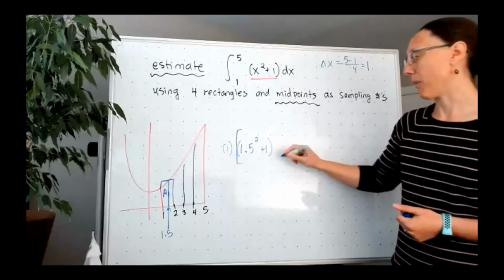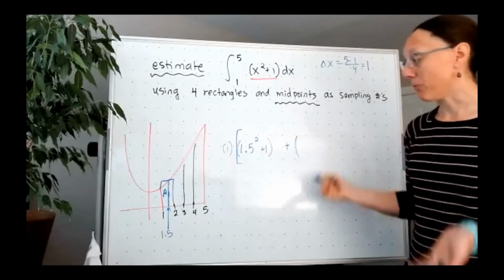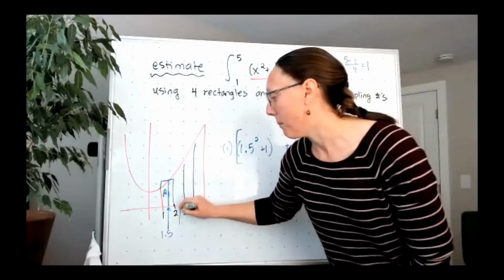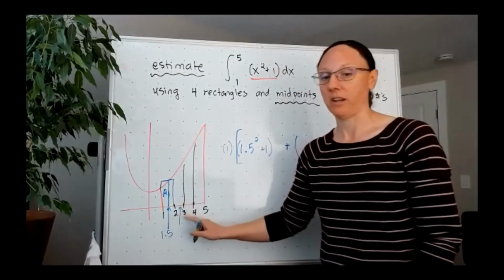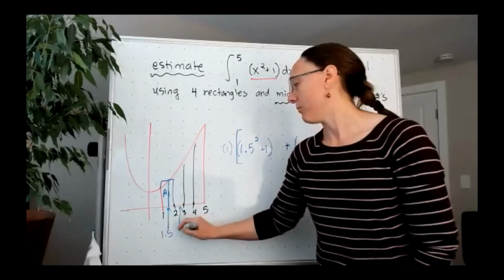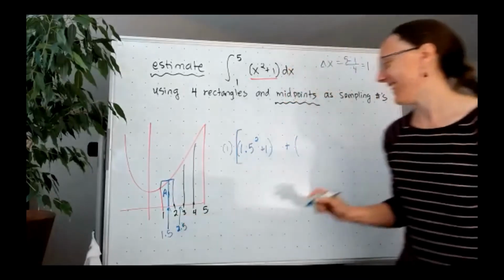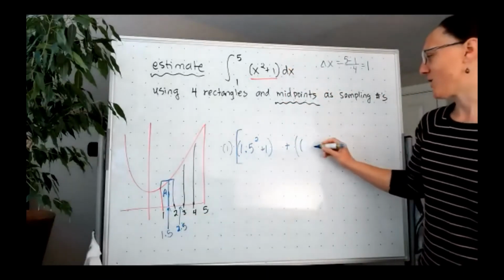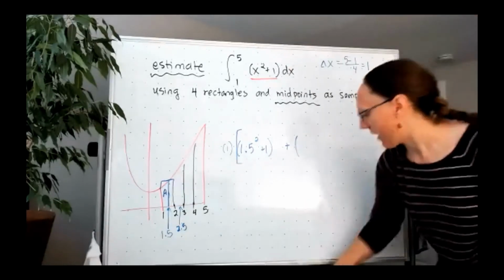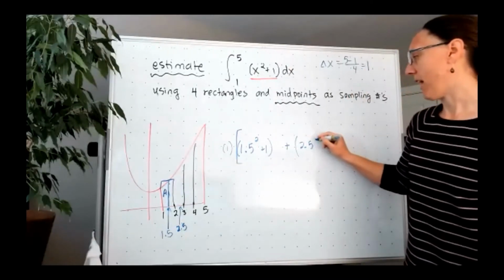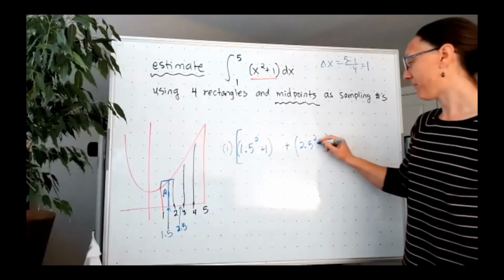So this is the height for my first rectangle. The height for my second rectangle, again, I need the midpoint or the x value that's in between 2 and 3. So 2.5. So I'd have 2.5 squared plus 1.